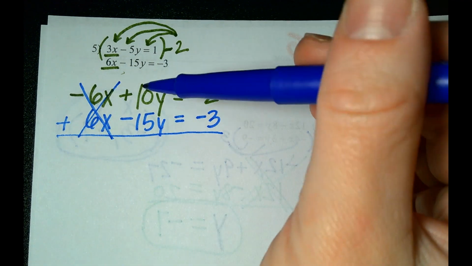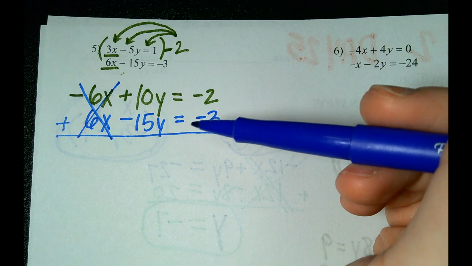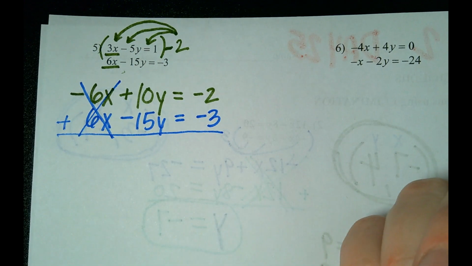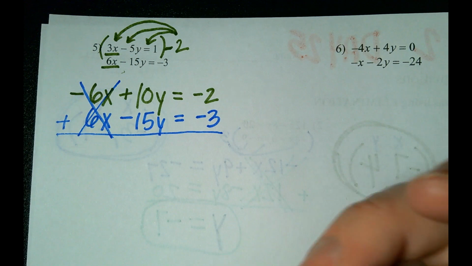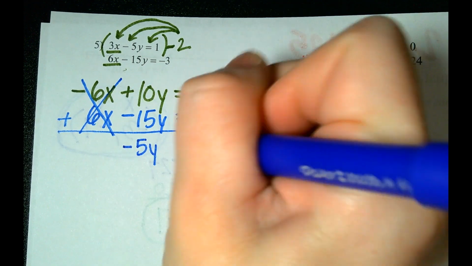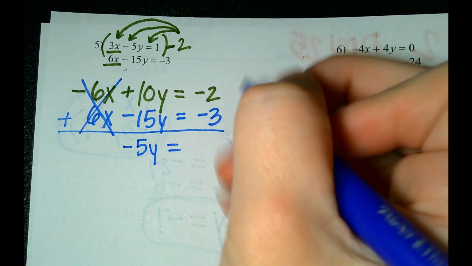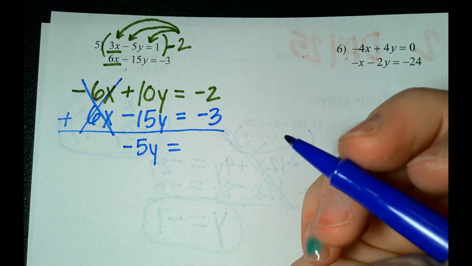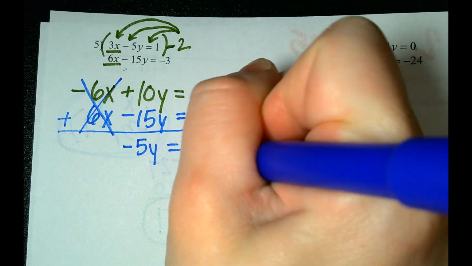Now my y's, I've got positive 10y minus 15y. What will that give me? Yes, -5y equals -2 plus -3. What's that? Also -5. Perfect.